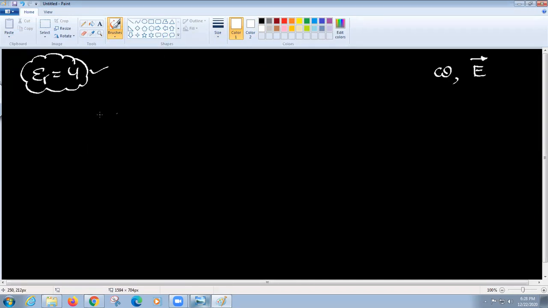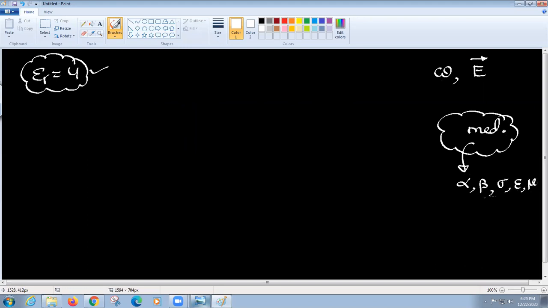To find omega, which parameter can we make use of? Whenever I say medium parameters, this is my medium: you have alpha, beta, conductivity, epsilon, mu. In a lossless medium, among all these components, which component contains angular frequency?